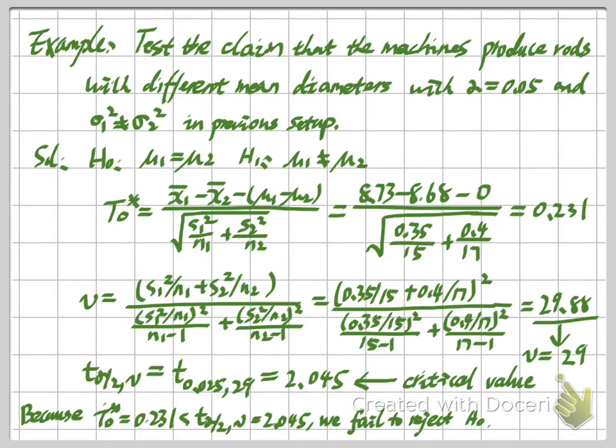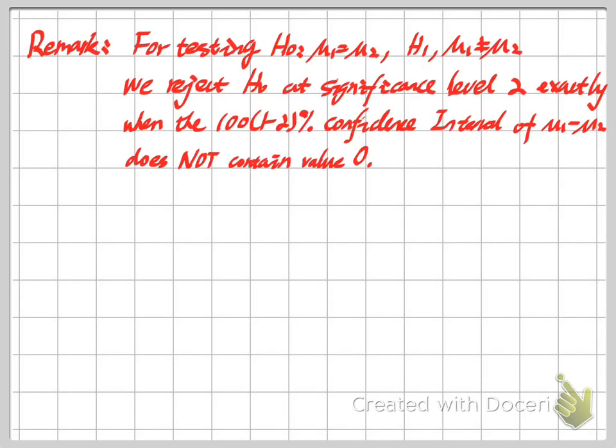So this is the last thing I want to write here. This is a remark. If 0 is not in our confidence interval, then we will reject our null hypothesis H0. Of course, this only works when our null hypothesis is mu1 equal mu2, and the alternative hypothesis H1 is mu1 not equal mu2.